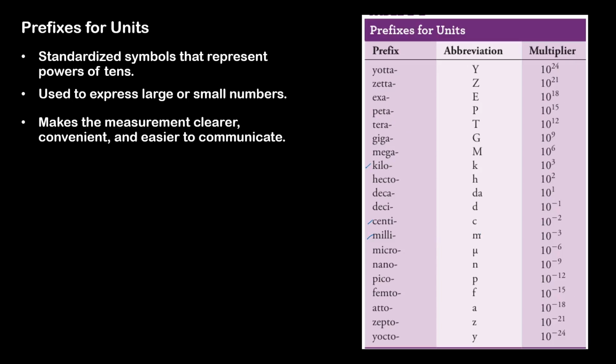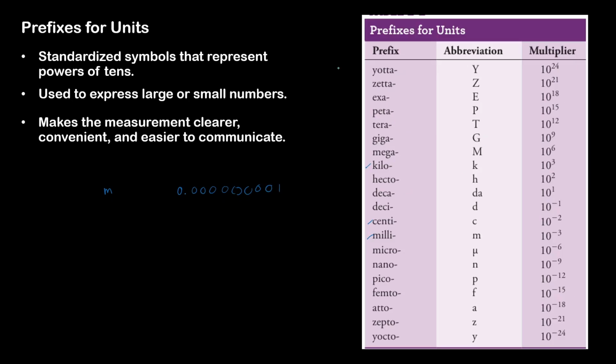So writing all of these values using only base units, let's say we are measuring the radius of an atom in meters, that would be around 0.0000000, which would be very unnecessary, a lot of zeros.